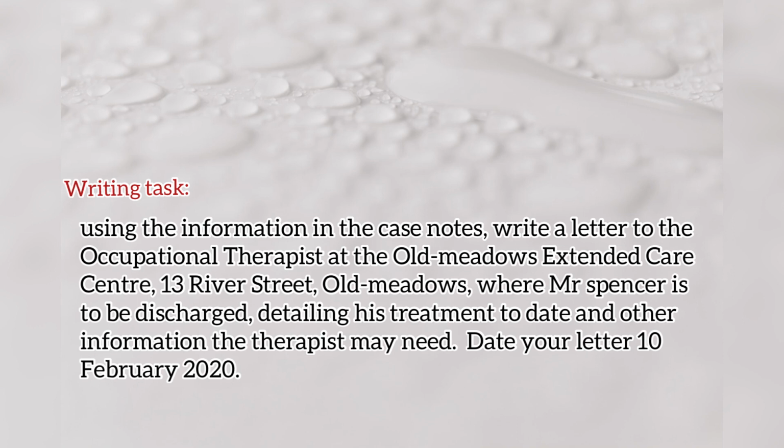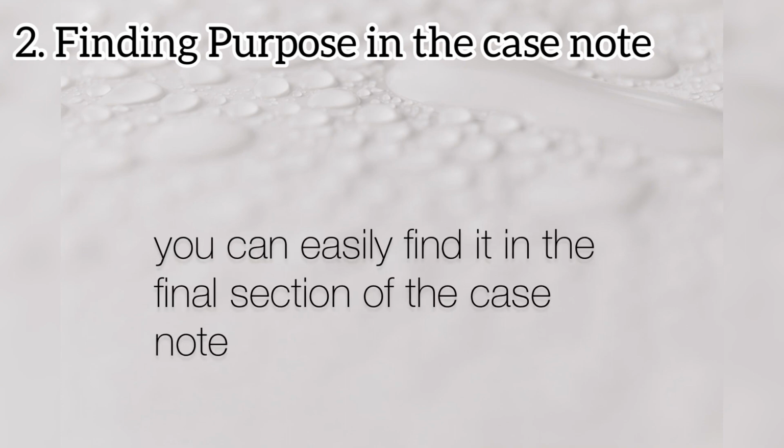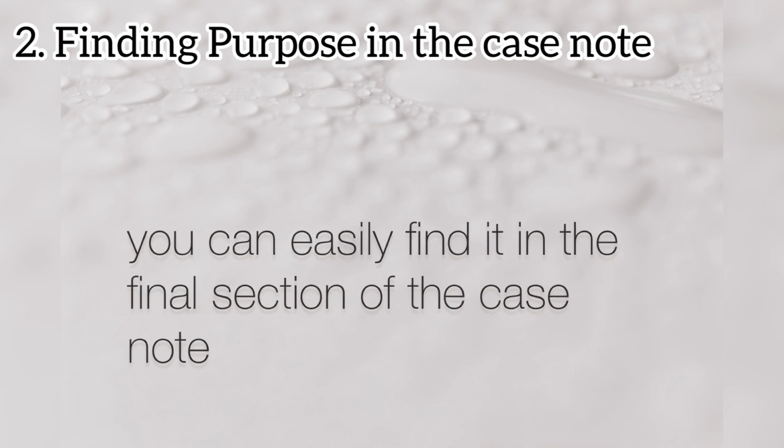In this example, the writing task tells you that this is a discharge letter about Mr. Spencer's recent treatment history. If the writing task hasn't given you all the information you need to understand the type of letter, or the main topic, you can usually find it in the final section of the case notes, just above the writing task.